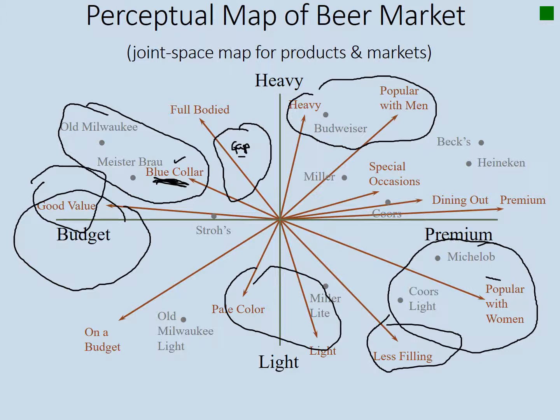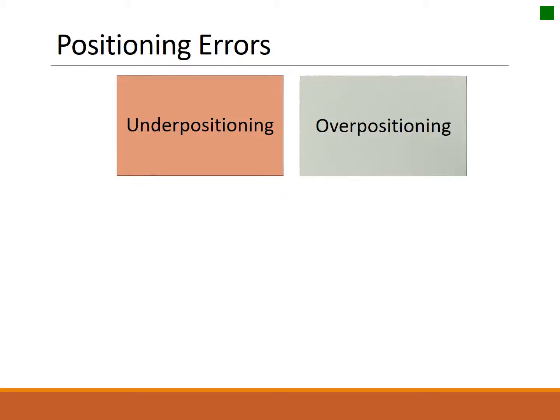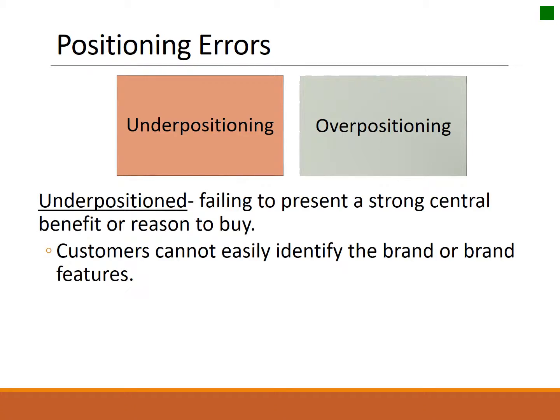Now, moving forward, there are some issues as we look to place our products on this particular map. There are some specific things called positioning errors that we need to be concerned about. You can either position yourself as an under-positioned product or an over-positioned product, and these are both problematic. Under-positioning happens when we do not clearly identify the benefit or the feature for a customer to buy.